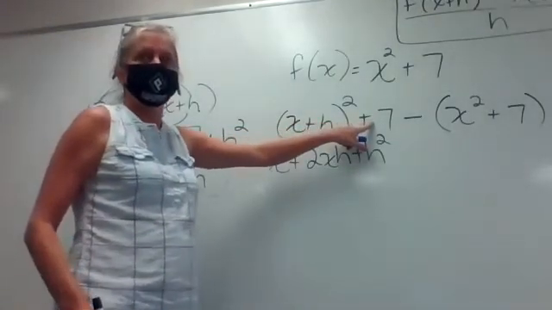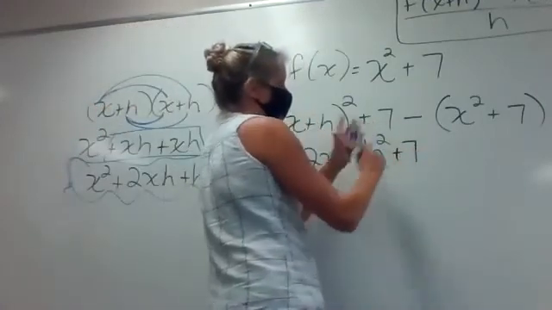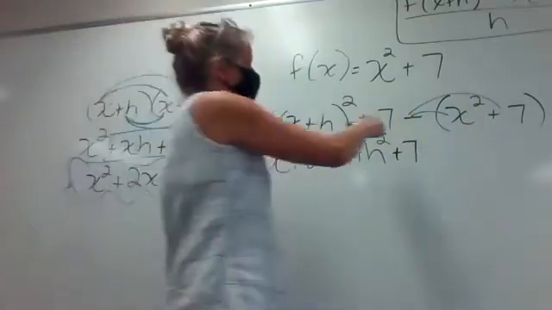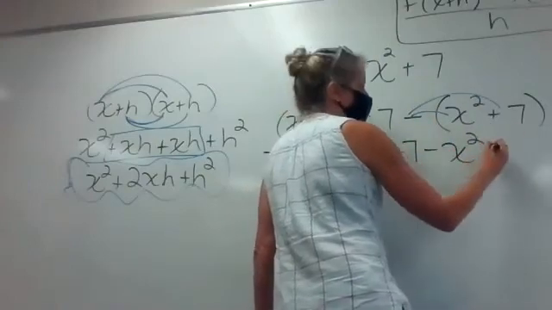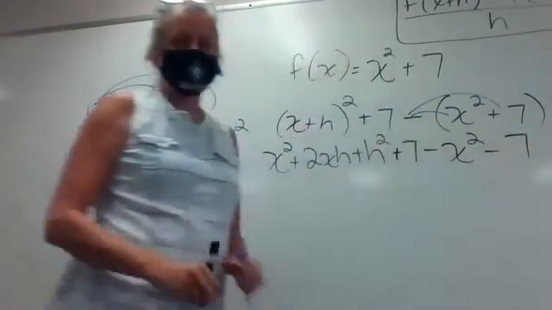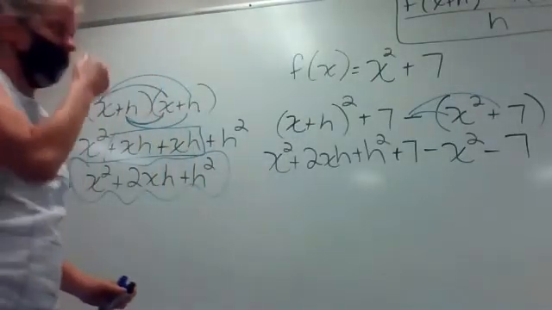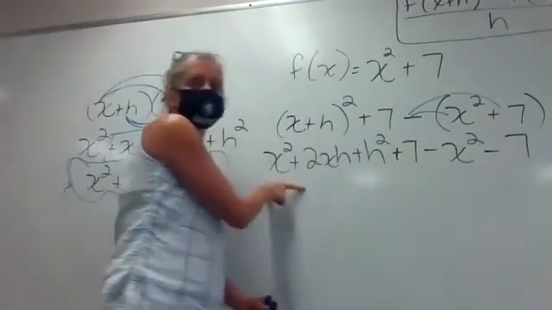Now, plus 7 comes down. The minus distributes, so minus x squared minus 7. So just like the last ones, anything you distributed this negative to should find something up front to cancel.